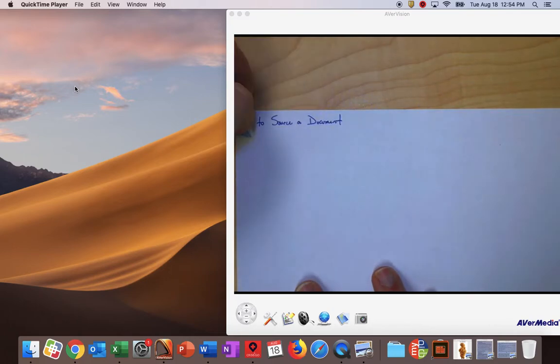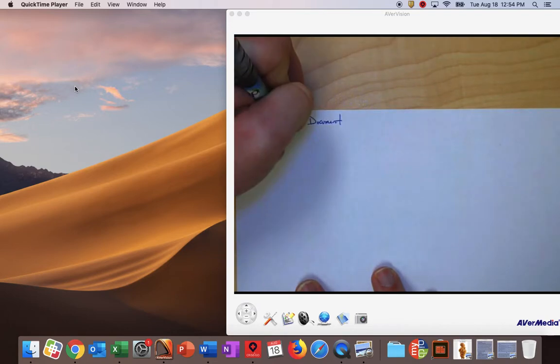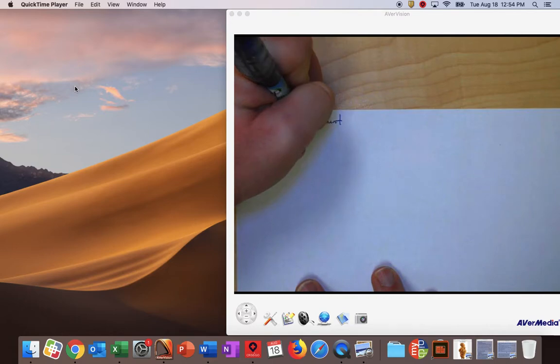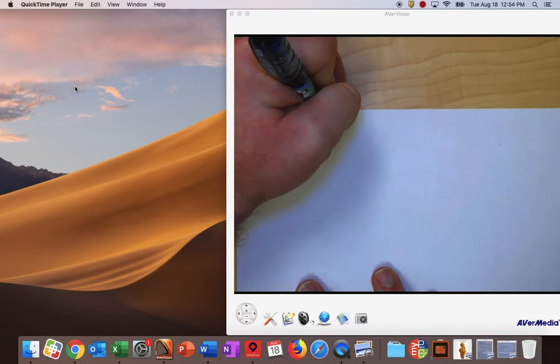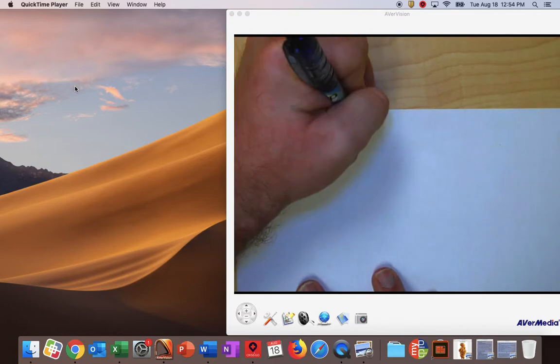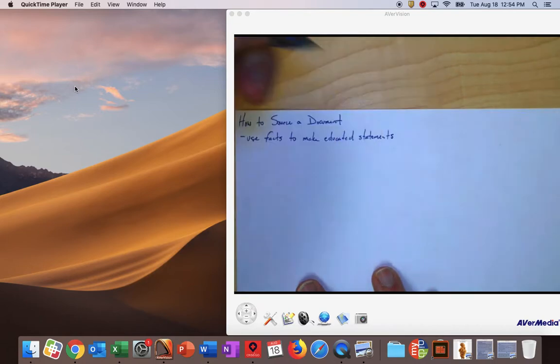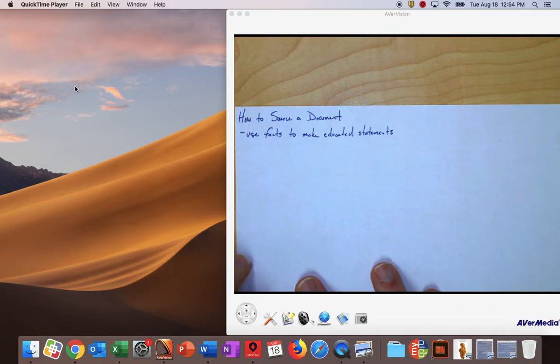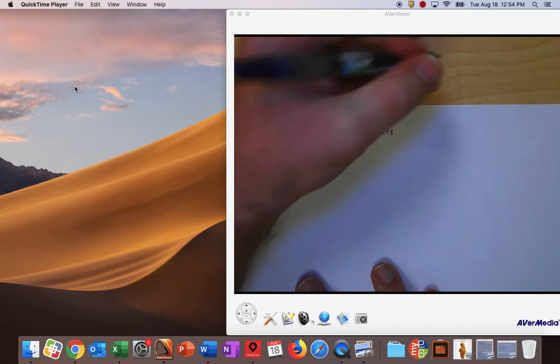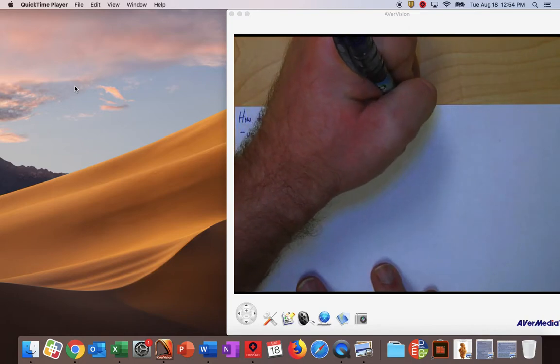is we have to use the facts that we know to make educated statements. I won't even call them guesses. We're going to use facts to make educated statements about what we've read.